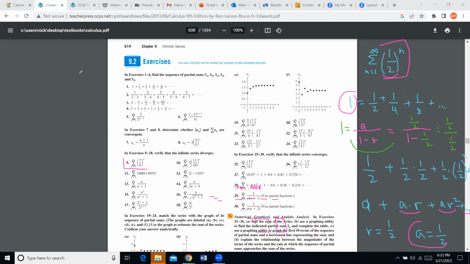So anyways, they're talking about this geometric series and exercise number 9, and they say, can you find the sum of this? And I say, yes, of course I can say that the sum is infinite, because if you have 7/6 raised to the power of n, then notice that your ratio is 7/6, which is greater than 1. So you take 7/6, that's the first one, 7/6 squared, that's the second one. Notice that the second one will be 7/6 times another 7/6. It's bigger than 7/6. Then you get 7/6 cubed.